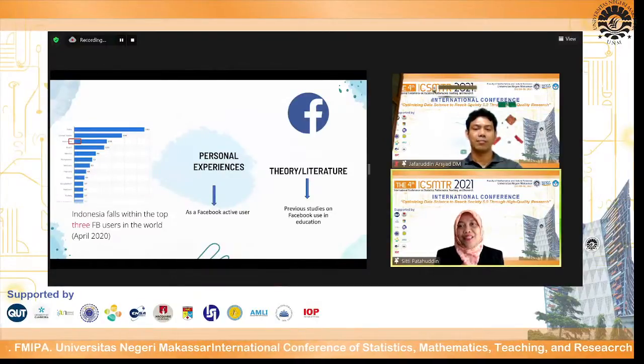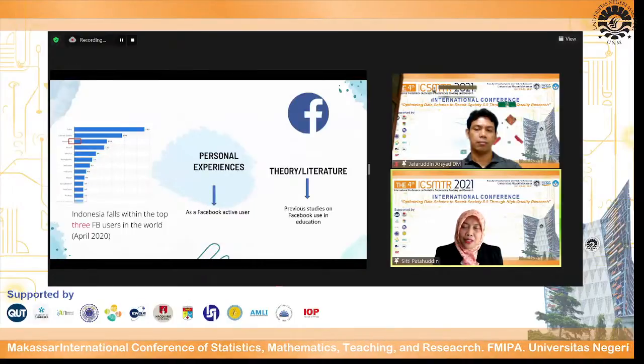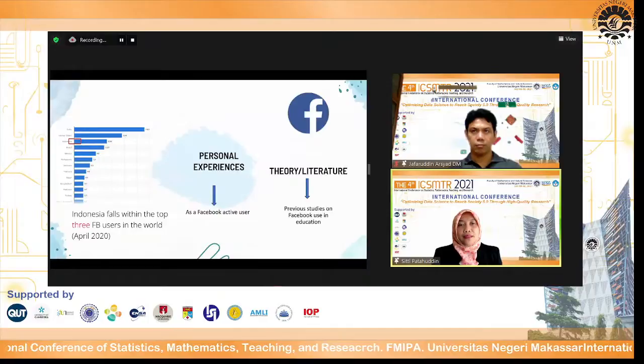Okay, 130 millions. This put Indonesia into the top 3 countries of Facebook users. And I have been using Facebook by myself, particularly to promote informal learning. And actually, Facebook is under a spotlight as a tool for PD.